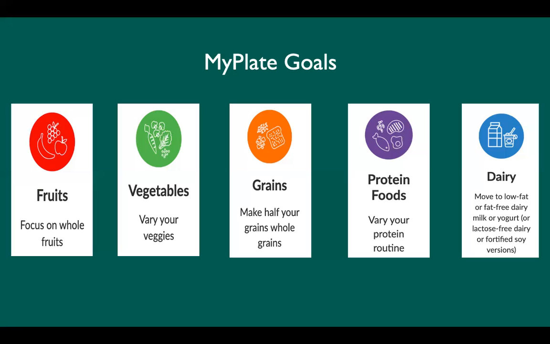Instead of eating red meat every day, or the same source of protein, include different proteins. So if you eat chicken every day, try to swap it for some turkey or some fish, or even plant-based options such as peanut butter. And then for dairy, they want you to move to a low-fat or fat-free dairy option. So instead of drinking whole milk or 2% milk, consume low-fat milk, so 1% or skim milk.